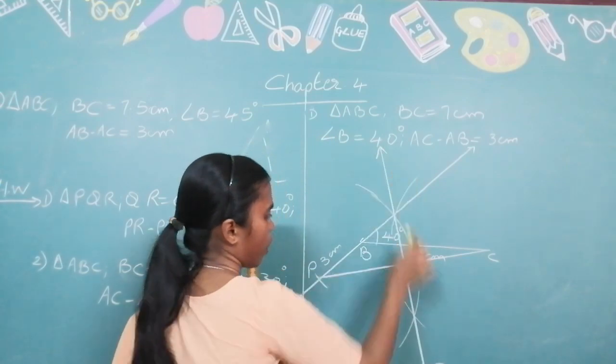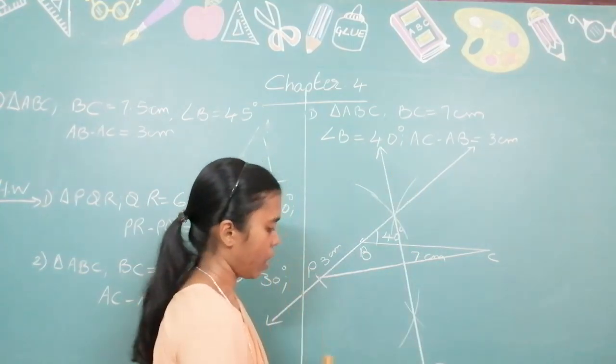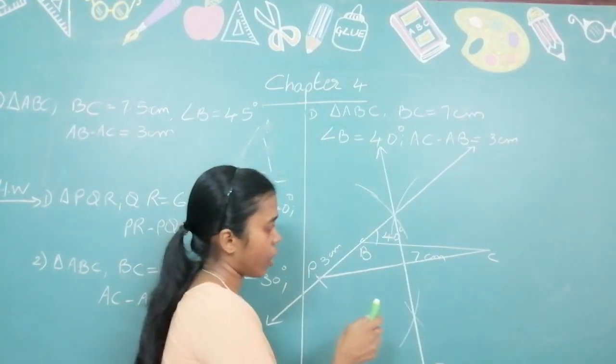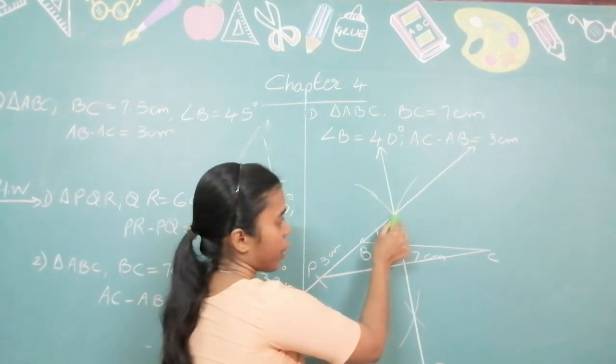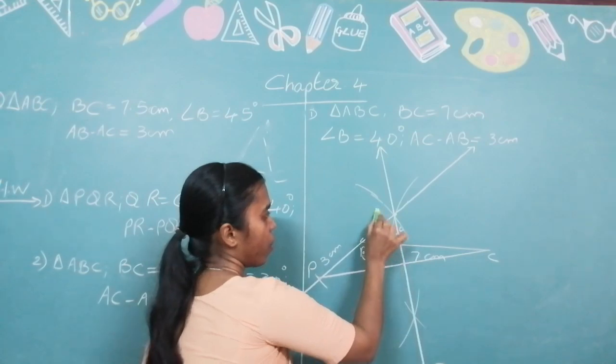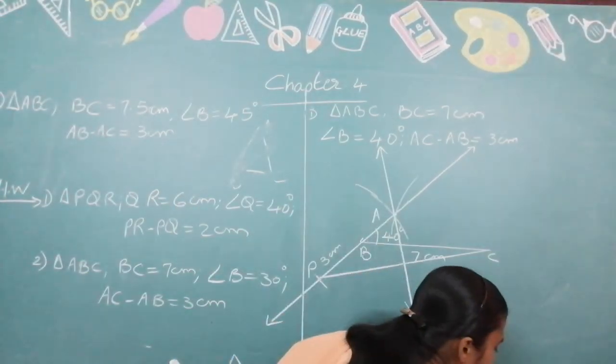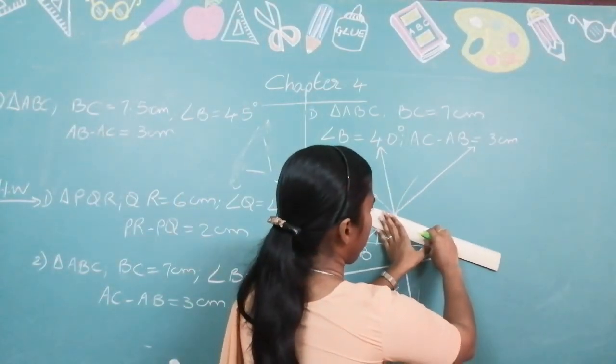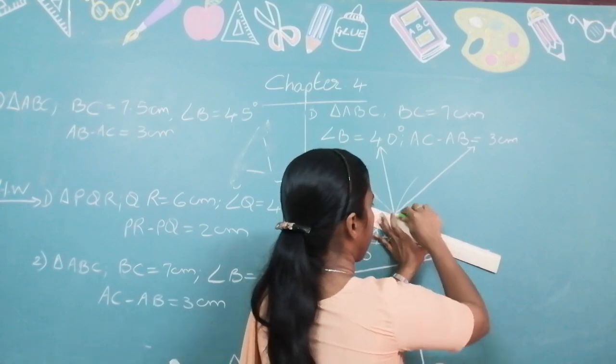This is your perpendicular bisector. Where the perpendicular bisector intersects that ray, this is the point, and that will be the third vertex of the triangle. So join from there to C.